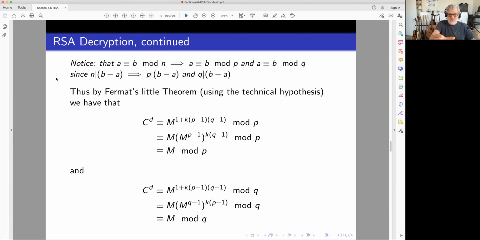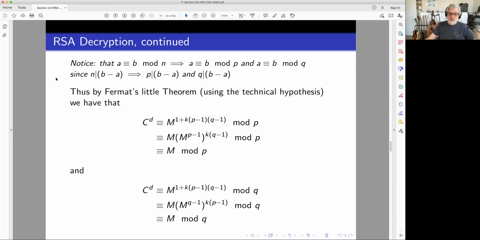This is M times M to the P minus 1, all this to the power K times (Q minus 1), which is actually irrelevant because Fermat's little theorem tells me that M to the P minus 1 is 1. So that just disappears. So C to the power D is congruent to the original message mod P.